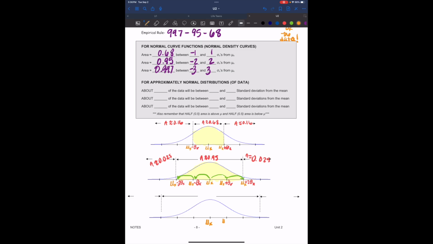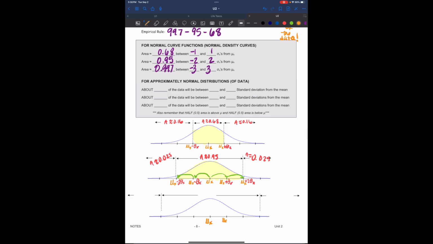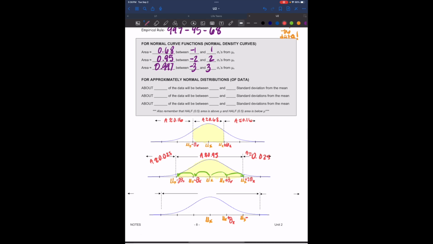If you took the mean and added, here is 1 standard deviation. Here is 2 standard deviations. And then if you added another one, you'd be 3 standard deviations away. Isn't this exhilarating?